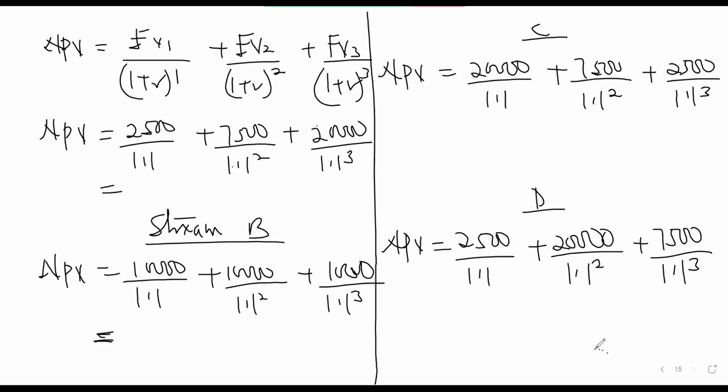Okay. Stream A is 23,497.37. Okay, let's come to the B. What are we having for the B?